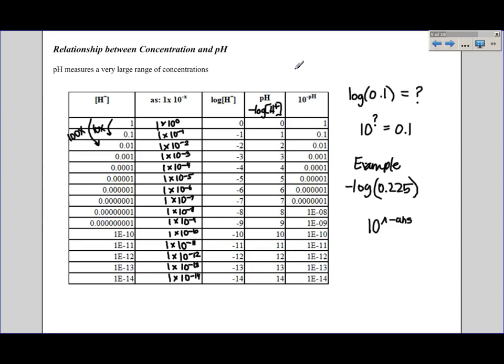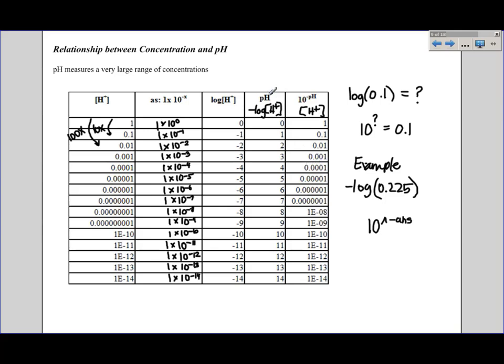Let's look at that in action in this table. If we take 10 to the negative pH, so we've got our pH values, and we take 10 to the negative of these values, so 10 to the 0, 10 to the negative 1, 10 to the negative 2, 10 to the negative 3, what we're getting back is our concentration of H+. So what we've essentially done in this discussion is derive two very important formulas.